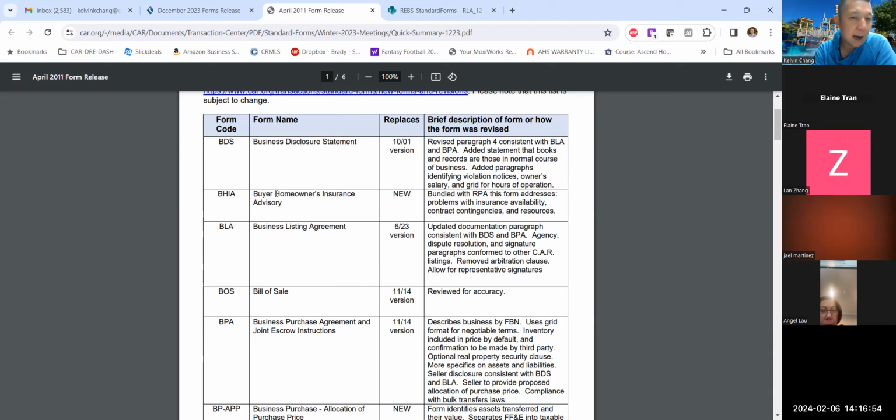Oftentimes I found that buyers try to do this in the last 10 days. They may discover that there have been some claims on the property. They may discover that the seller did not disclose these claims in their SPQ, and then you have some arguments.